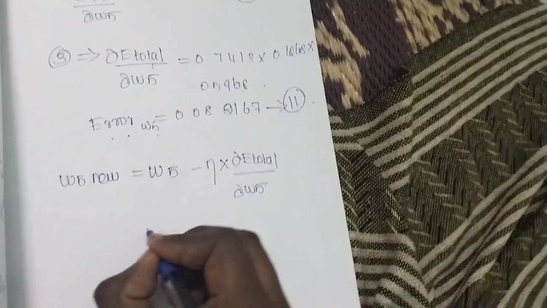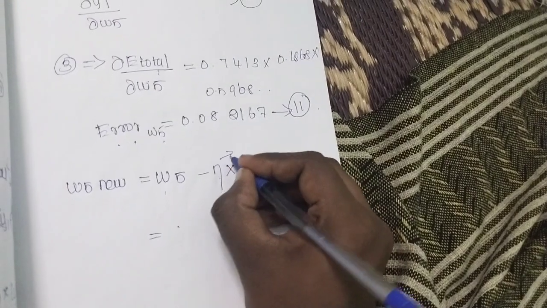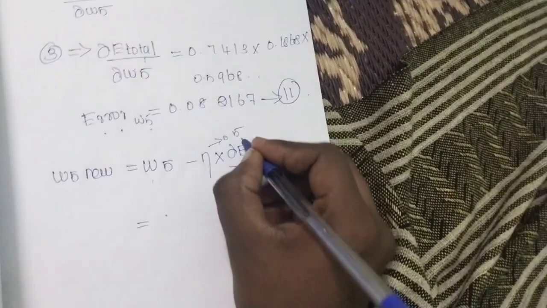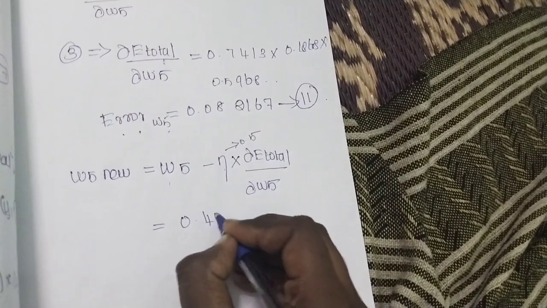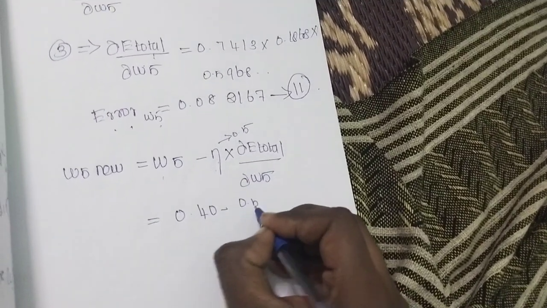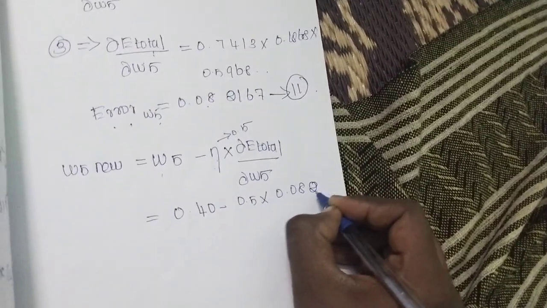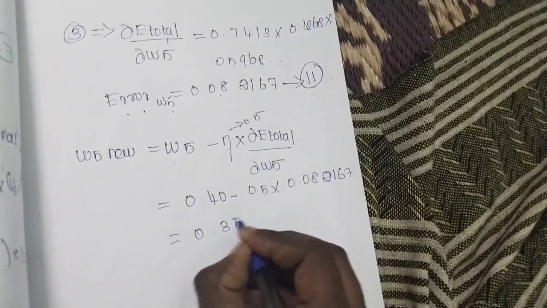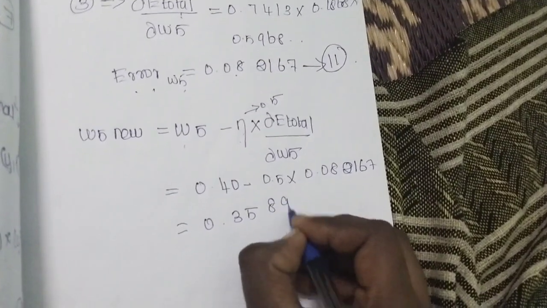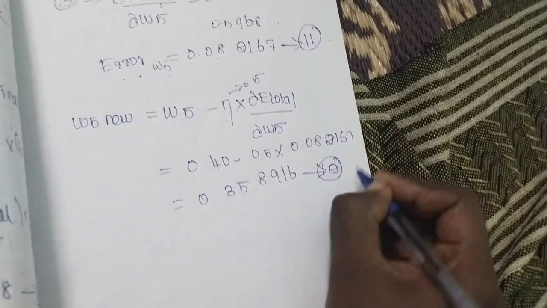Substitute the value for W5 and the learning rate, which is 0.5 as given in the question. So W5 is 0.40 minus 0.5 into the error value 0.082167. Multiply and simplify, and you finally get 0.358916. This is the updated weight, equation number 12.